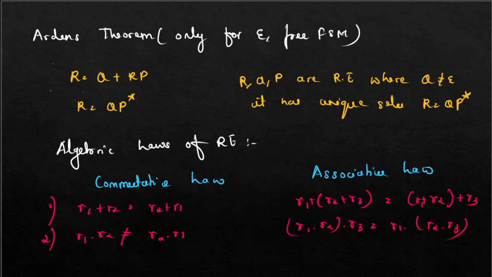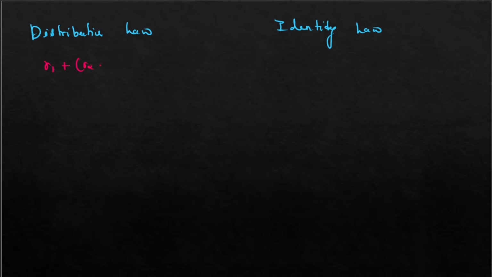Let's talk about the distributive law now, and here we will discuss the identity law. So the distributive law: R1 plus R2 R3 is not equal to (R1 plus R2)(R1 plus R3).